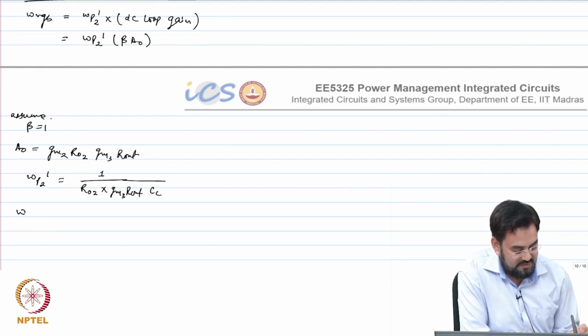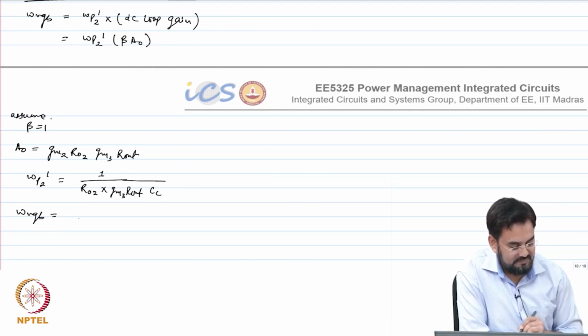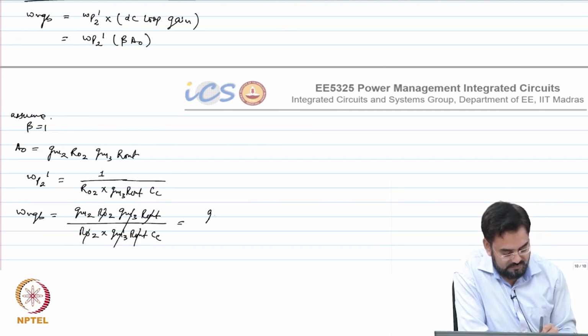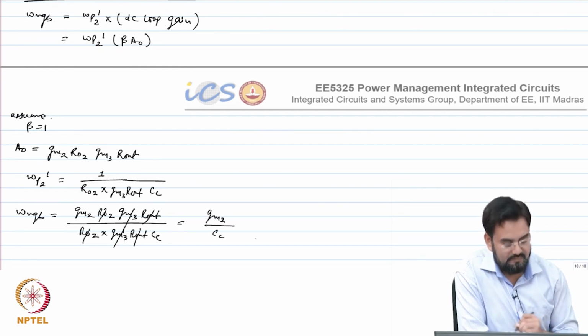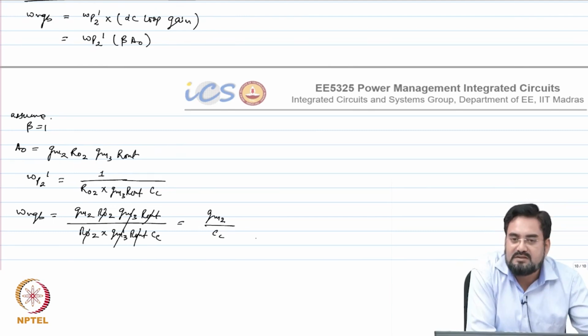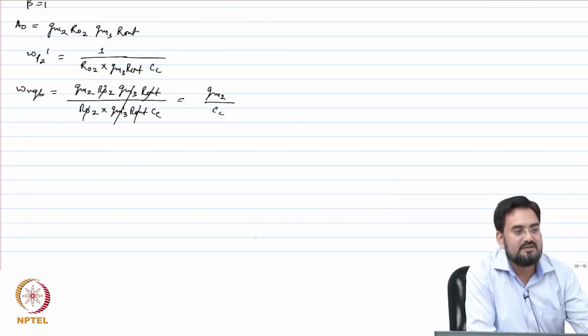So what is your omega UGB? So this. UGB is independent of your output resistance, only depends on GM2.